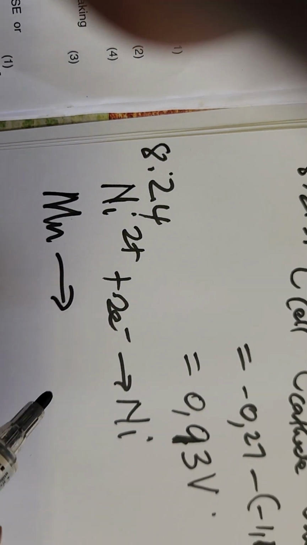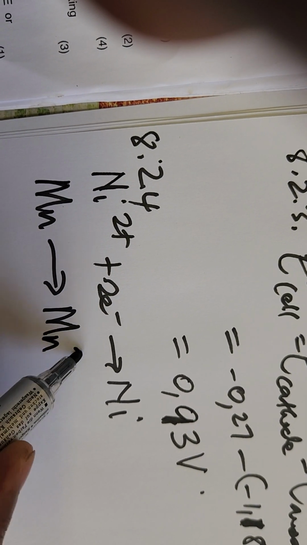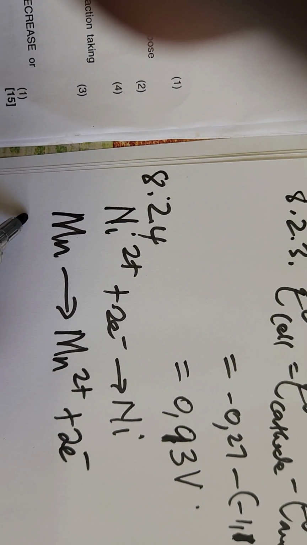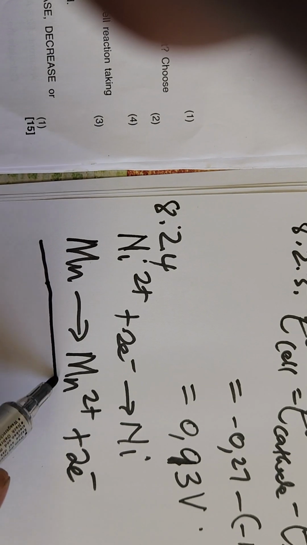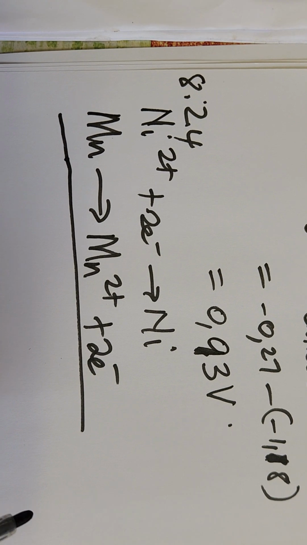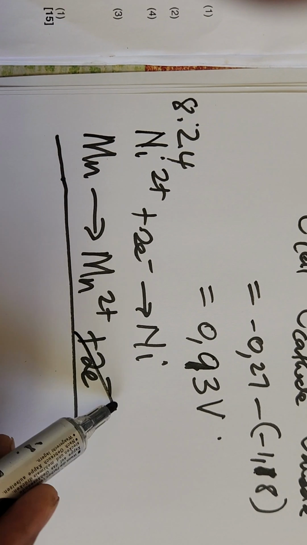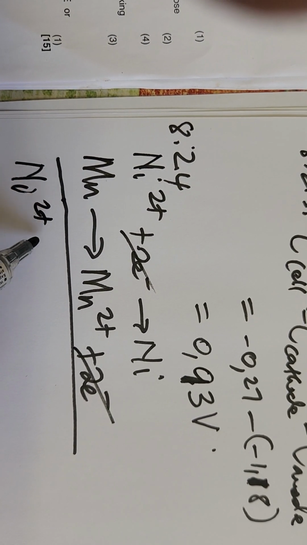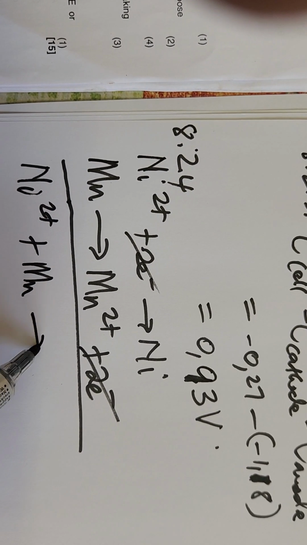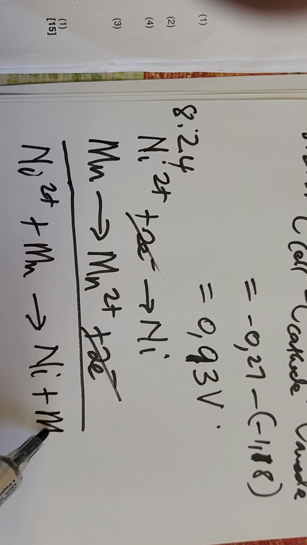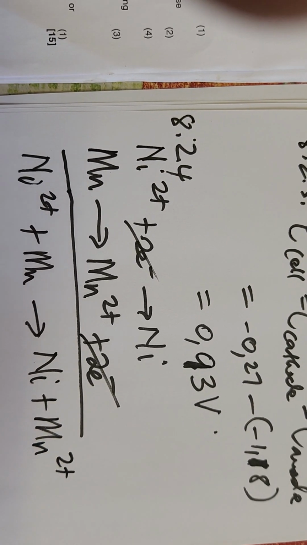Therefore, Mn will form Mn 2 plus plus 2 electrons. Then we balance using electrons. The electrons cancel out, and therefore nickel 2 plus plus Mn will form nickel plus Mn 2 plus. That's our 3 marks.